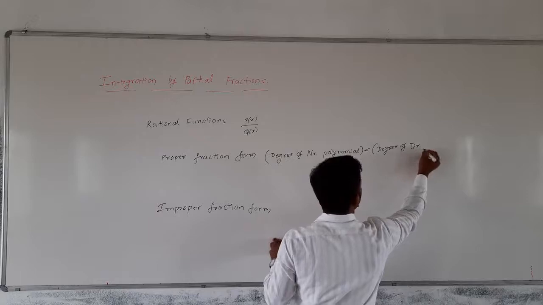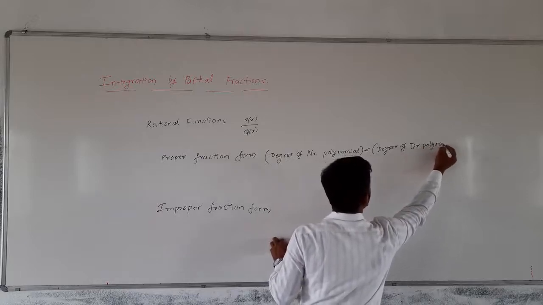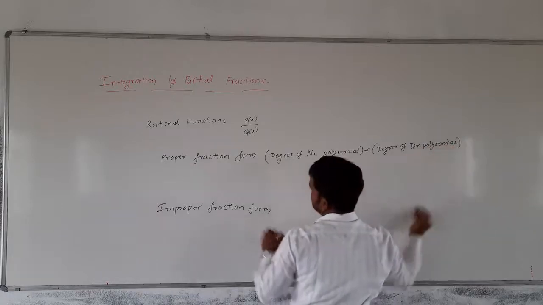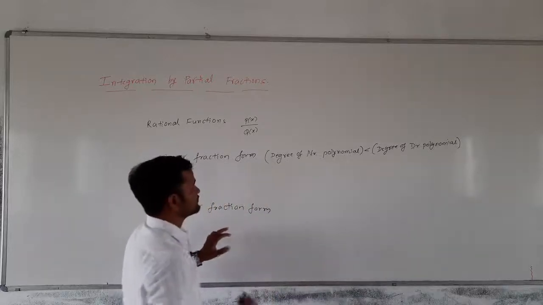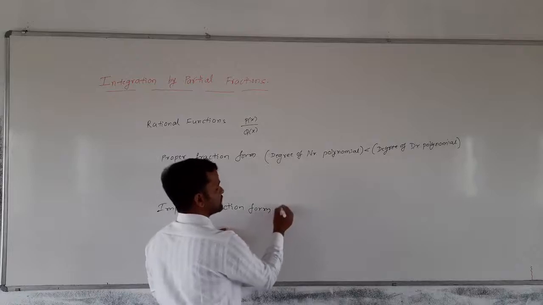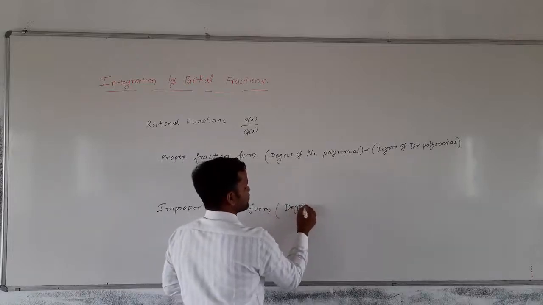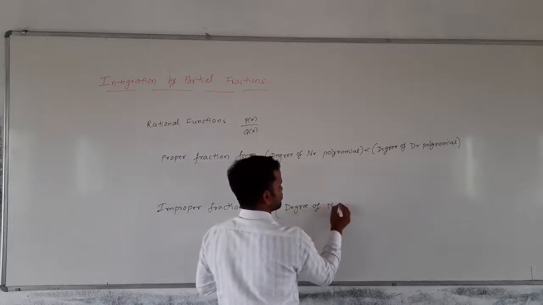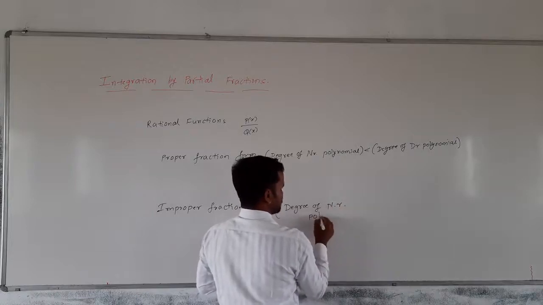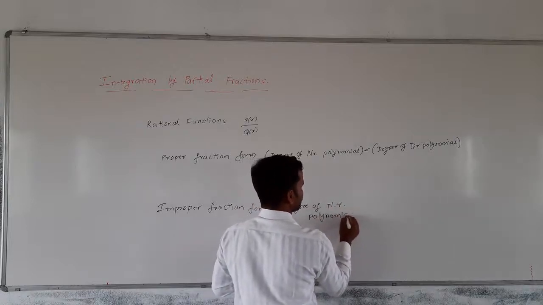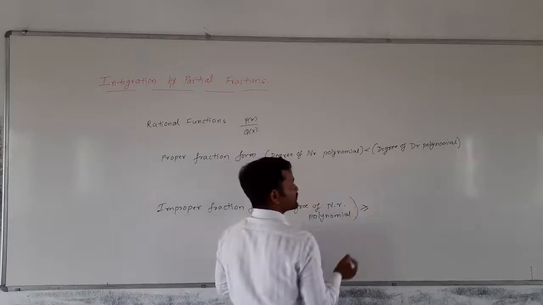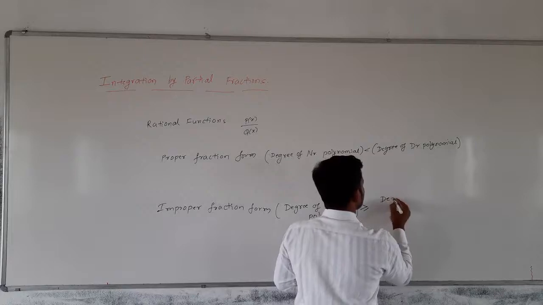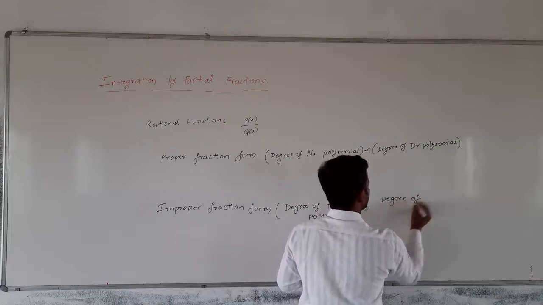And it is improper fraction form when the degree of the numerator polynomial is greater than or equal to the degree of the denominator polynomial.